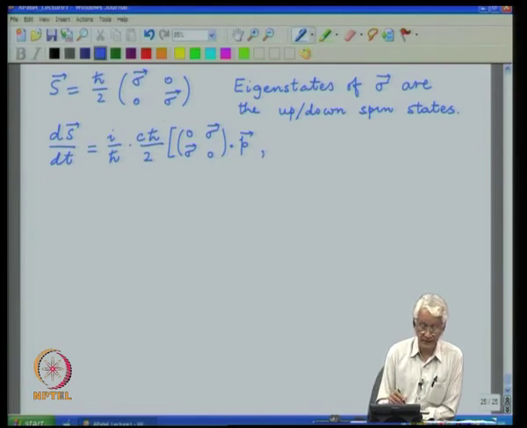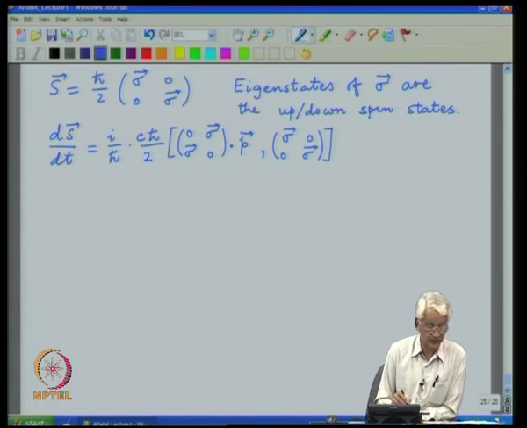The matrix beta is diagonal and it commutes with S. So, it does not contribute over here, and so all we have is the commutators of Pauli matrices, and that can now be simplified by simple 2 by 2 matrix products.